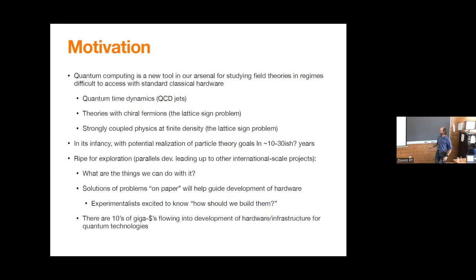And additionally, there are tens of gigadollars flowing into this field, which means there's potential funding for postdocs and exciting careers for people who have some background in this field.